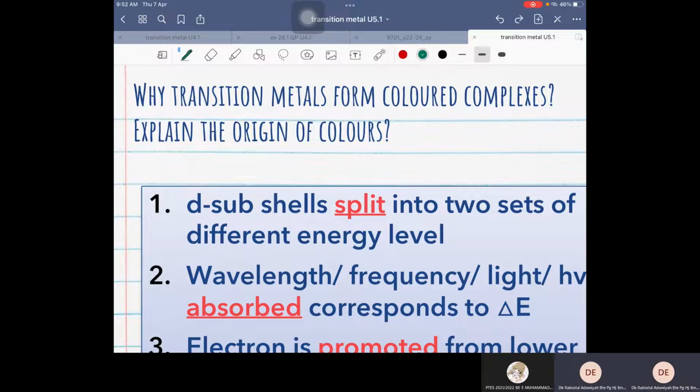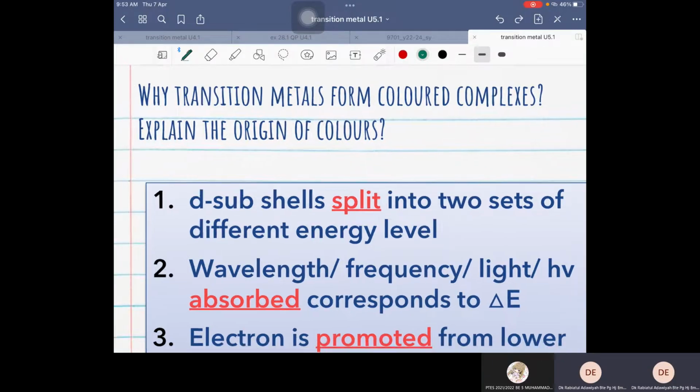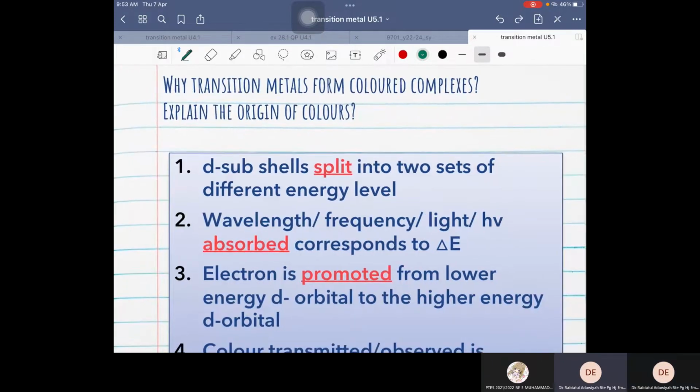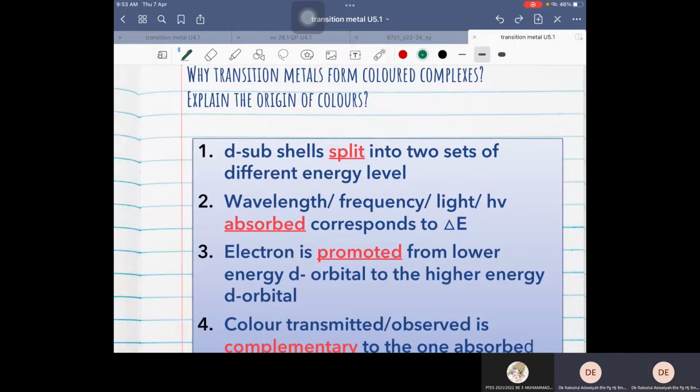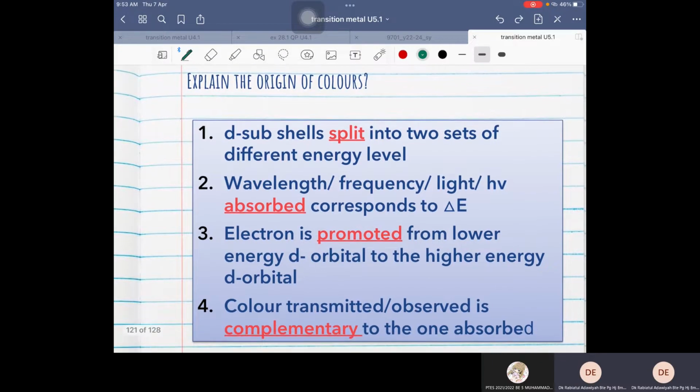We're going to bring in together all the concepts that we have learned from yesterday into 4 points. Okay, the question is usually worth 3 or 4 marks. So the first point, we will start with the d subshells are being split into 2 sets of different energy level, or as you know, it is called non-degenerate.